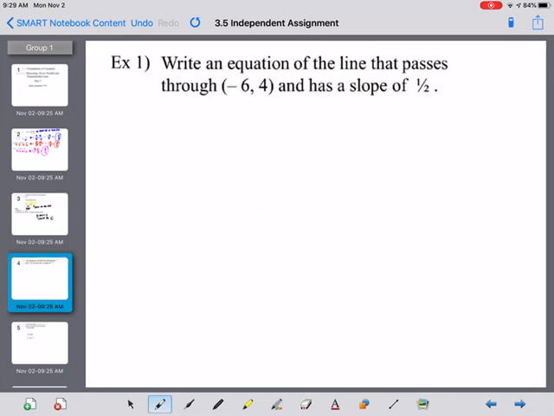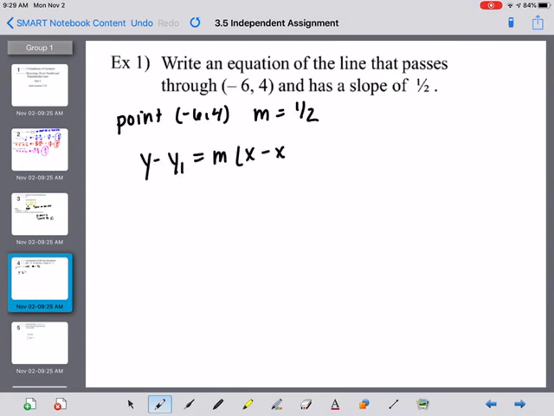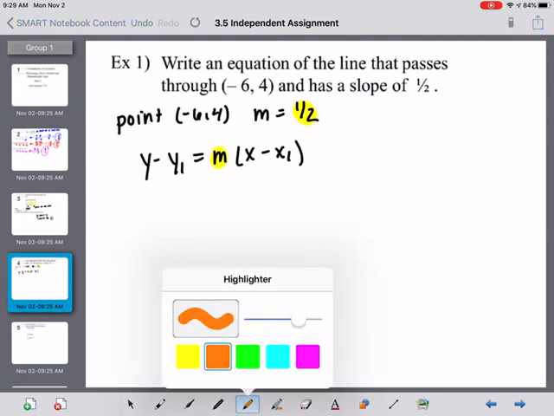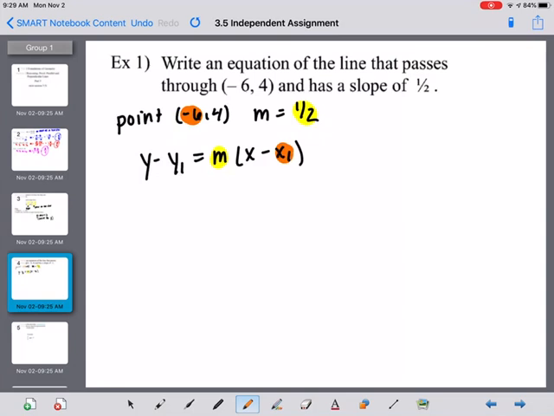All right, so let's take a look at an example here. An equation of a line that passes through negative 6, 4, and has a slope of 1/2. So my point is negative 6, 4, and my slope is 1/2. So again, we have y minus y1 equals m times x minus x1. So we have our m, we have our x1, and we have our y1. So I'm going to sub all those in.